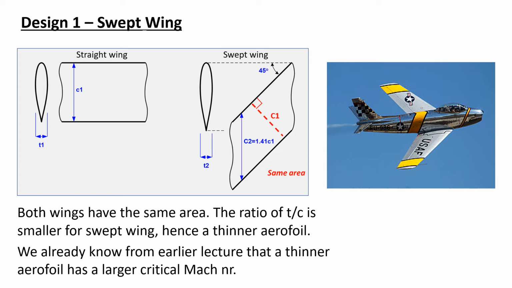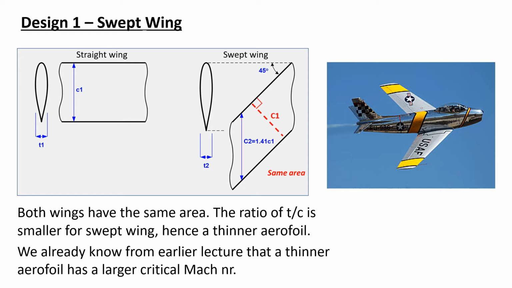So we can maintain the length of the leading edge the same, and simultaneously the height of the parallelogram should be C1. It's indicated through the red dotted line C1. In this case, the straight wing and the swept wing will have the same area.